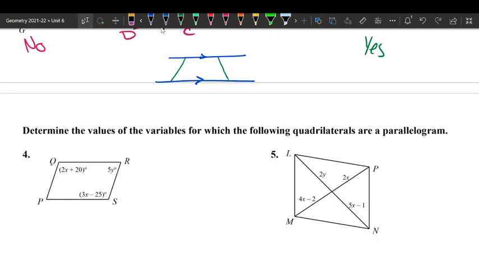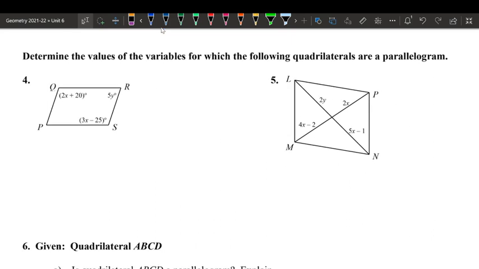Okay, so number 4. Determine the values of the variable for which the following would be parallelograms. So we want number 4 to be a parallelogram. In order to make it a parallelogram, the opposite angles would have to be congruent, right?